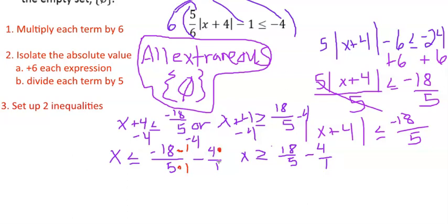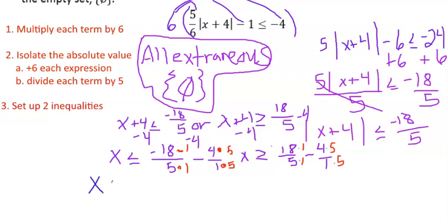And we'll multiply the 4 fraction by the unity fraction 5 over 5, and then we'll rewrite our inequalities.